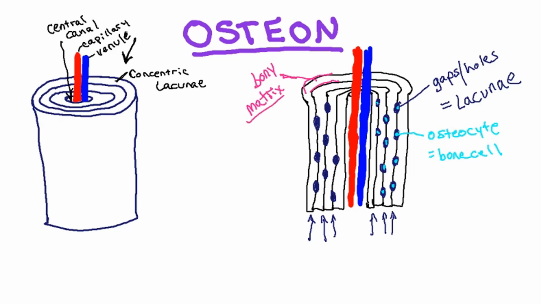And the bony matrix has two components. It has the osteoid components, which is the organic, and it has the hydroxyapatite, which is the inorganics.